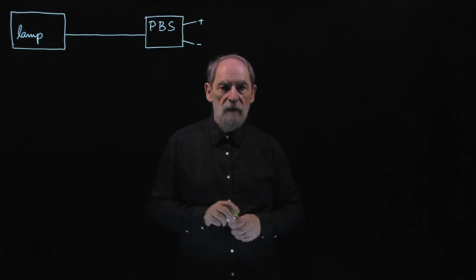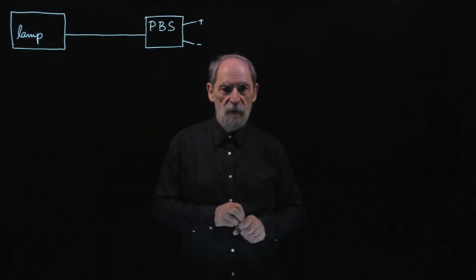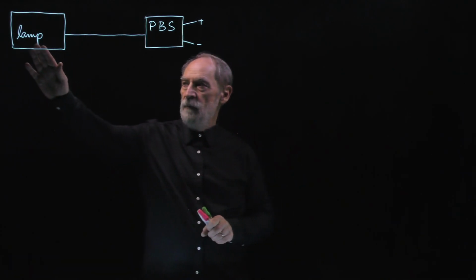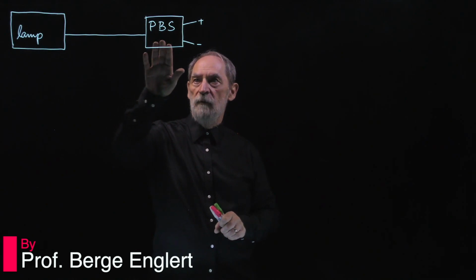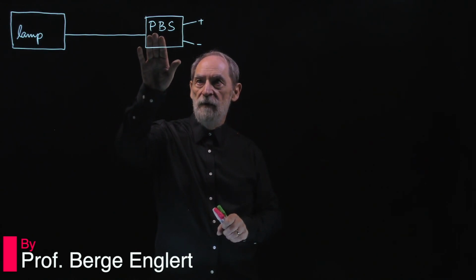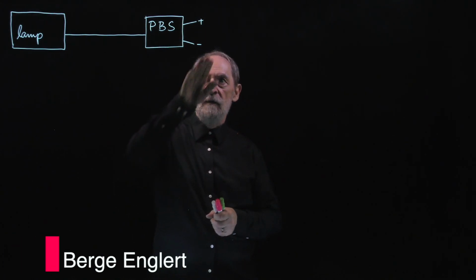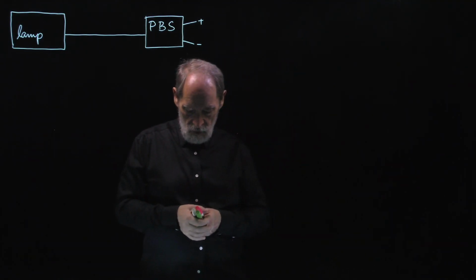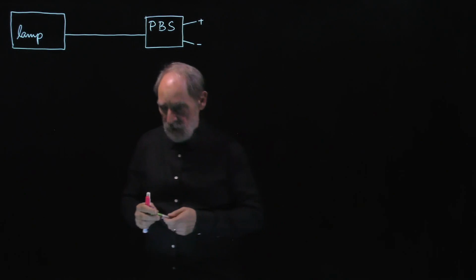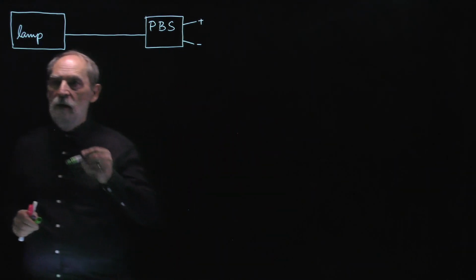We look at a basic situation, a simple optical experiment, where we have a lamp, and the light emitted by the lamp is probed by what we call a polarizing beam splitter, PBS, and that has two output ports, plus and minus. And these plus and minus, they're just labels, but let's see what they mean.